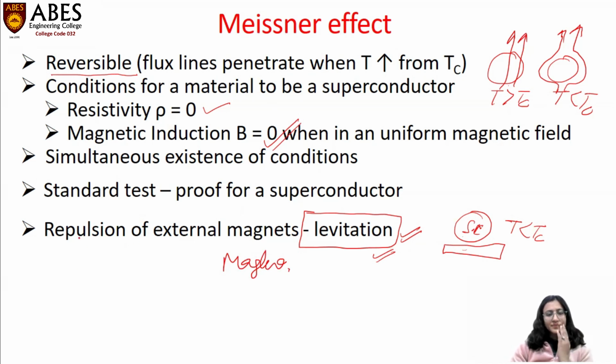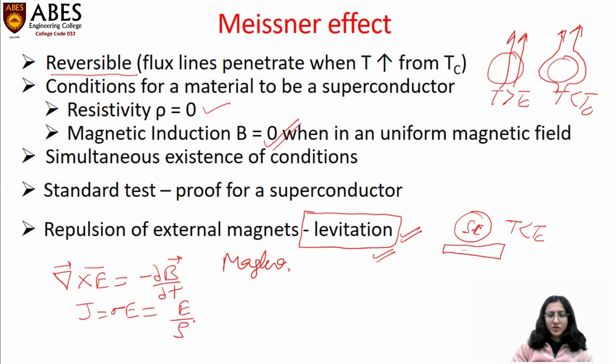Now further, from the standard equations, from Maxwell's third equation, we have the curl of electric field equal to negative of the rate of change of magnetic field. Now we all know that in a superconductor, resistivity is 0, and we know that J is equal to sigma E, where conductivity is equal to 1 by rho.